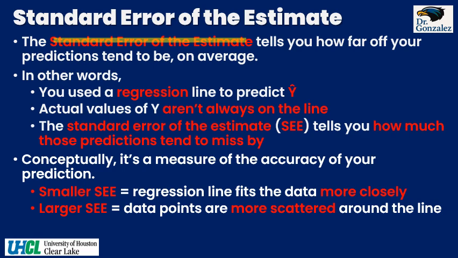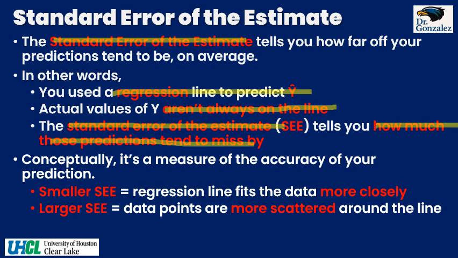I'm estimating points in the distance in the future if I extended the line, but in actuality, there is some amount of error involved in that because they're not all going to be on that line, okay? So in other words, we're going to use a regression line to predict y hat. And the problem is the actual values of y aren't always on the line. So we need this standard error of the estimate to tell me how much those predictions are off by.